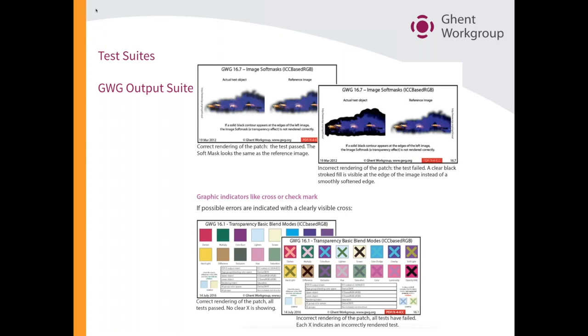For example, the top level patch, there is a clear text underneath which says that you should see a soft edge, a soft mask around your purple object. And if everything is working correctly, you see the left result where the two sides are the same. When it's not working correctly, you see a clear difference between the left and right part of the patch.